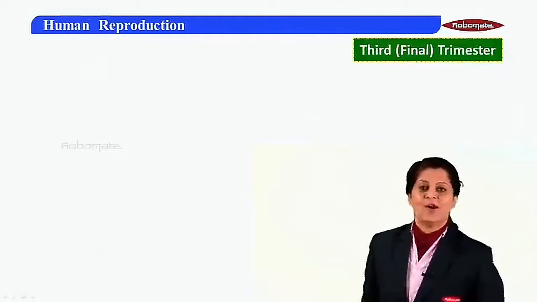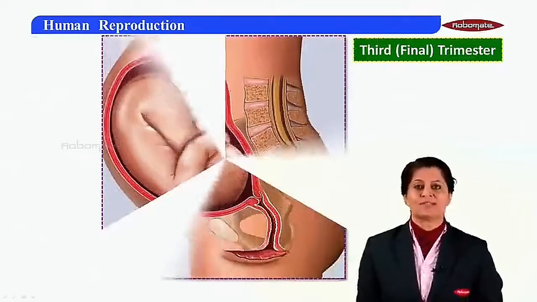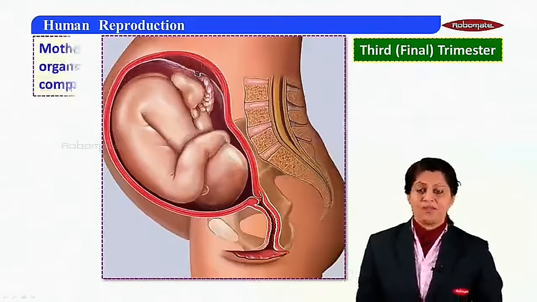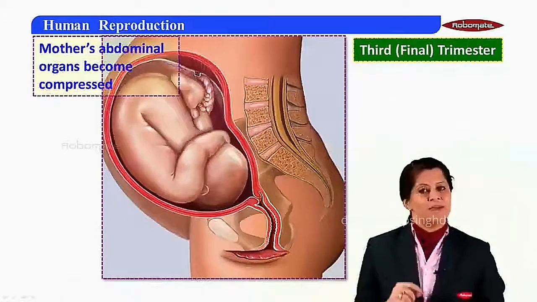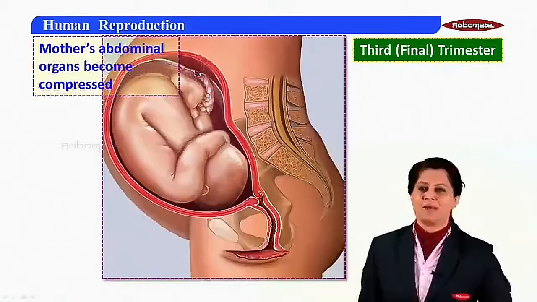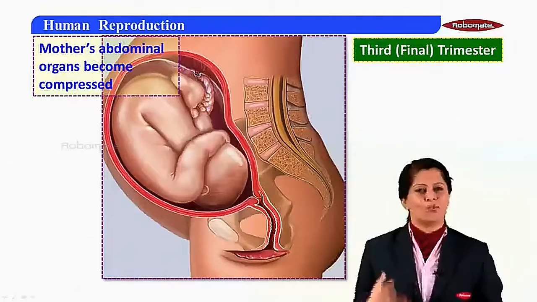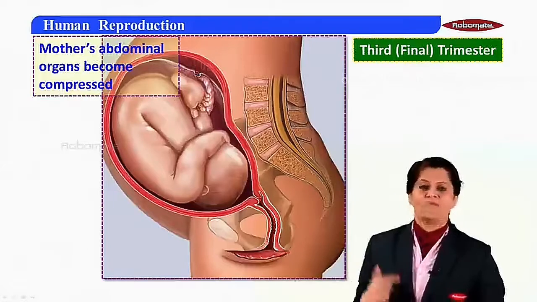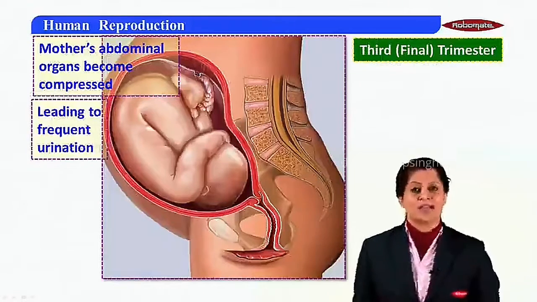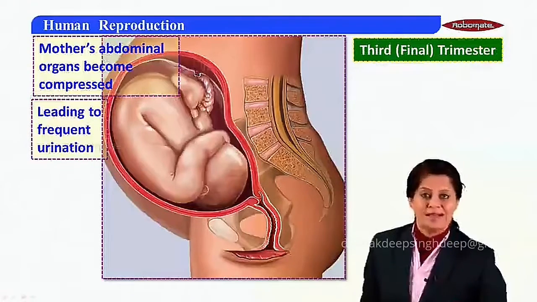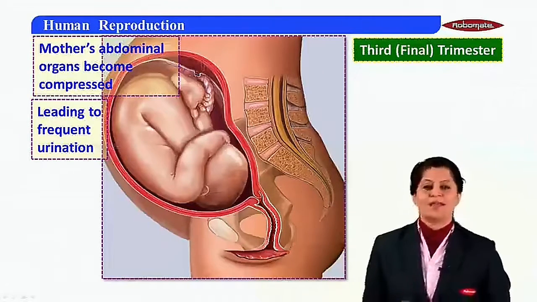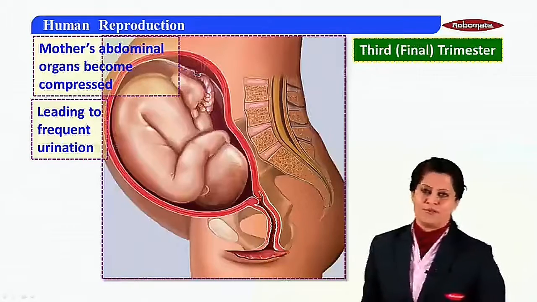In the third or final trimester, students, now here we see the fetus has grown real big. So because of that reason, the mother's abdominal organs become compressed, squeezed and pressed. So this is going to put pressure on various abdominal organs, also on the urinary bladder, which leads to frequent urination because the bladder cannot store a lot of urine.